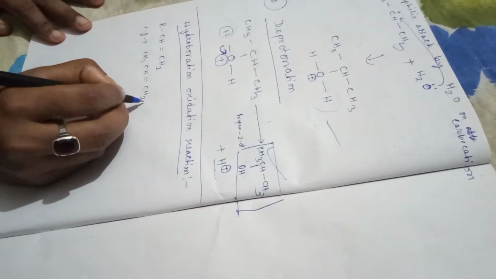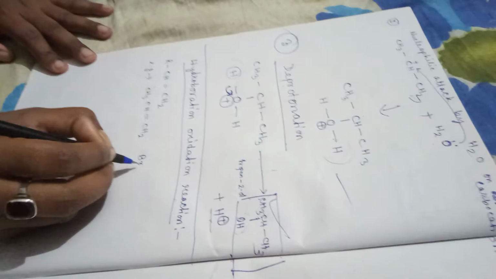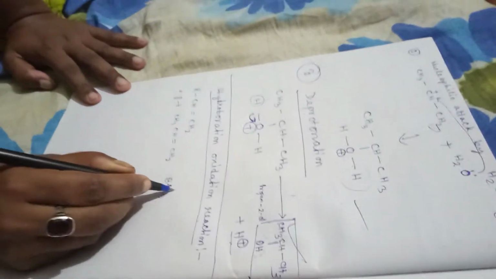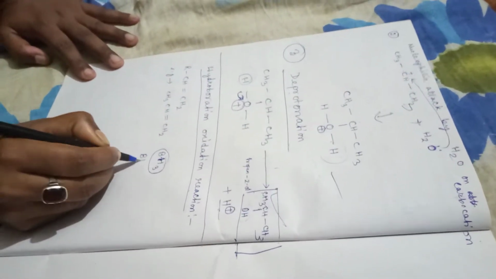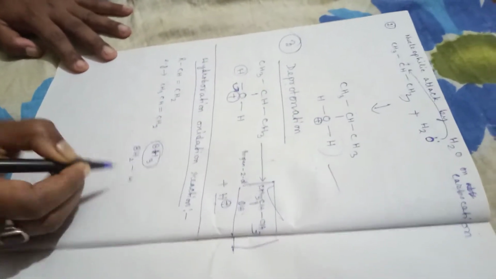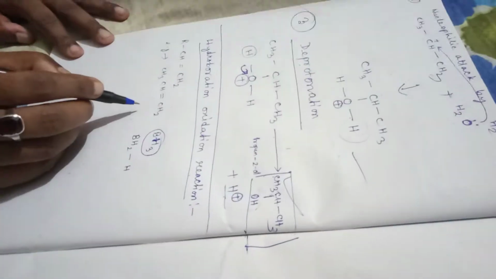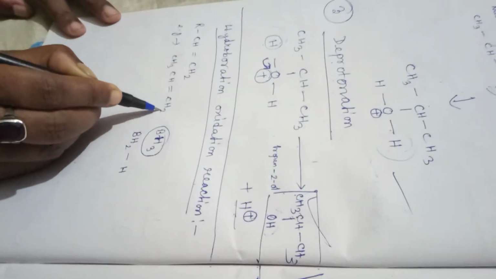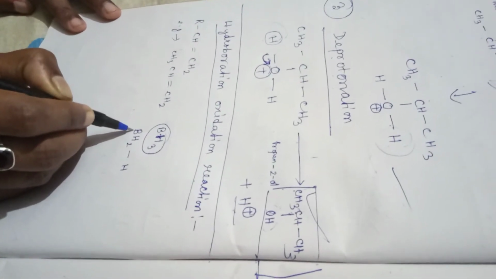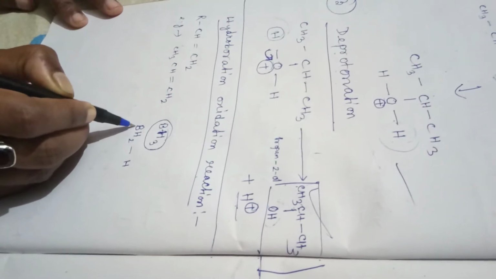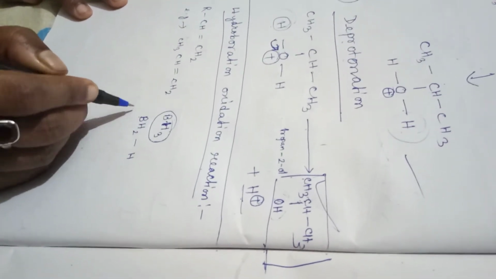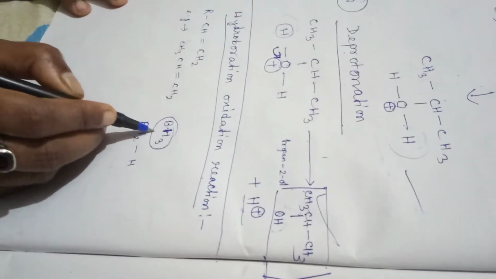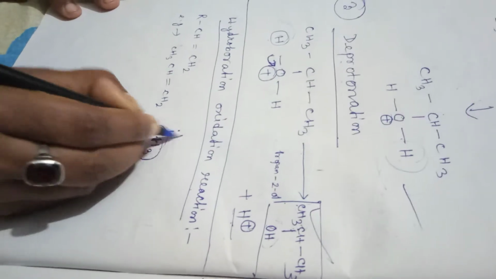The reagent here is the borane molecule, which we can divide as BH2 and H. The main thing here is that the carbon which has the maximum number of hydrogens will be added with the B, the boron part. Remember this. First we add the boron, and then it will be oxidized by the H2O2.